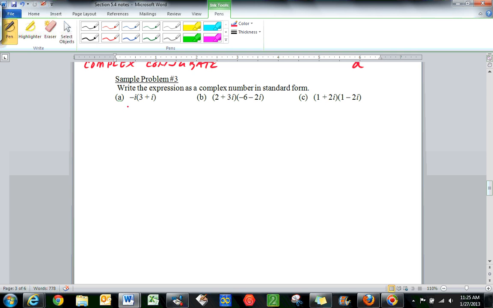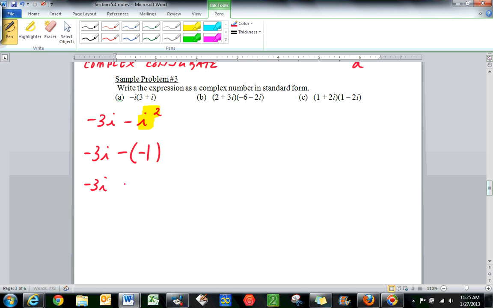So we're going to start by distributing the negative i across the 3 plus i. So we're going to get negative 3i minus i squared. Now this is very important that you only replace the i squared. This is another place where using parentheses and substitution is extremely important. So we'll have negative 3i minus, and then of course i squared is going to turn into -1.